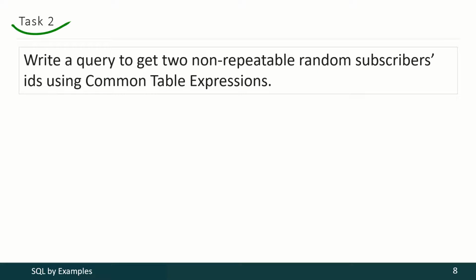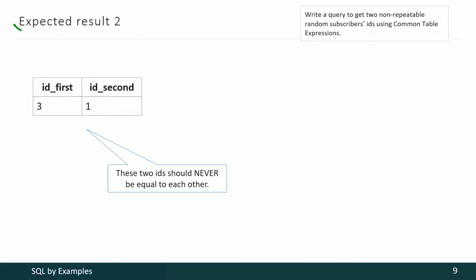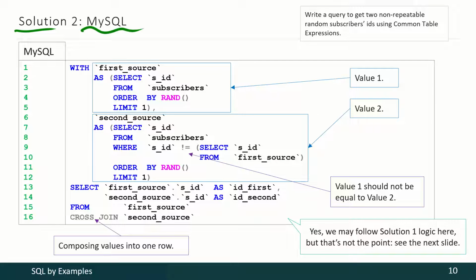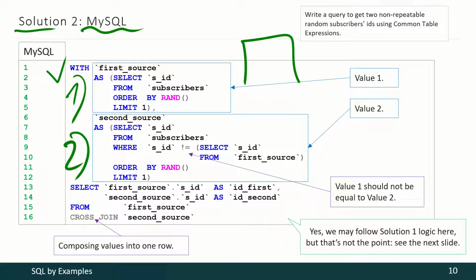In the second task, we have to write a query to get two non-repeatable random subscribers IDs, but using common table expressions. Obviously, the expected result here is the same as for the first task. In the solution for MySQL, we have to use two common table expressions. Here's the first, here's the second. The first common table expression produces a single value.